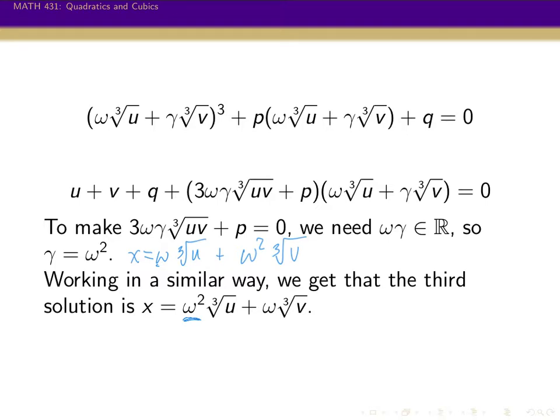And so that's how we get our three roots. Our three roots are: the real cube root of u plus the real cube root of v. The second one is omega times the real cube root of u plus omega squared times the real cube root of v. And then the last one is omega squared times the real cube root of u plus omega times the cube root of v.